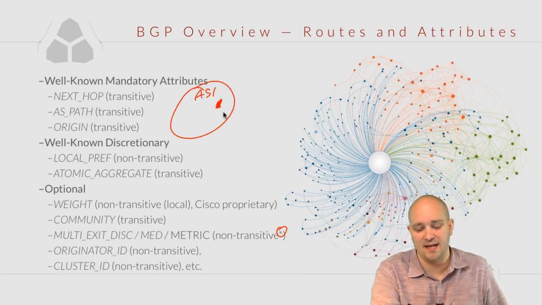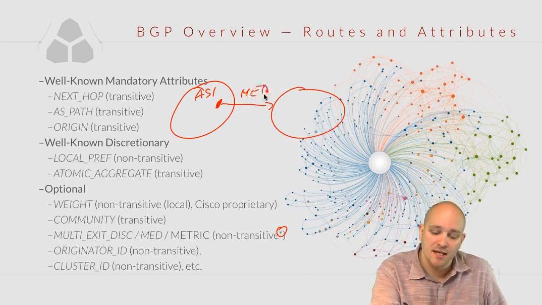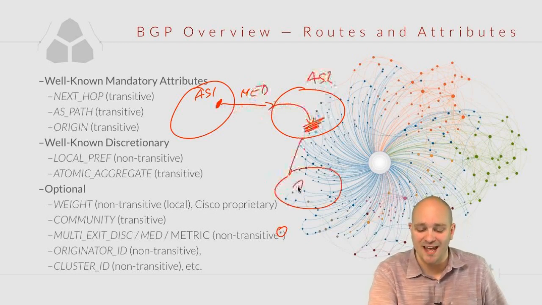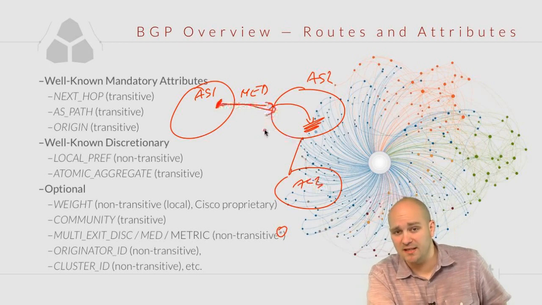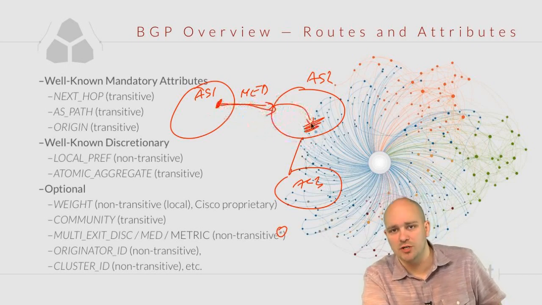So let's say in this AS1, on this peering session, I can set the MED, and it will be visible inside AS2, but it will not leave when this route is advertised to, say, AS3. So it can be communicated across the autonomous system boundary, but it will not be communicated outside of the AS into which it was advertised.